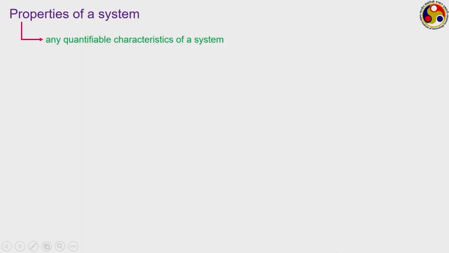can be used to define the system under certain situations, and each of them can be quantified. You must know that properties are of two types, intensive and extensive. Intensive means the properties which are not dependent on the size or mass or volume of the system, whereas extensive refers to the properties which are dependent on the size or mass or volume of the system.